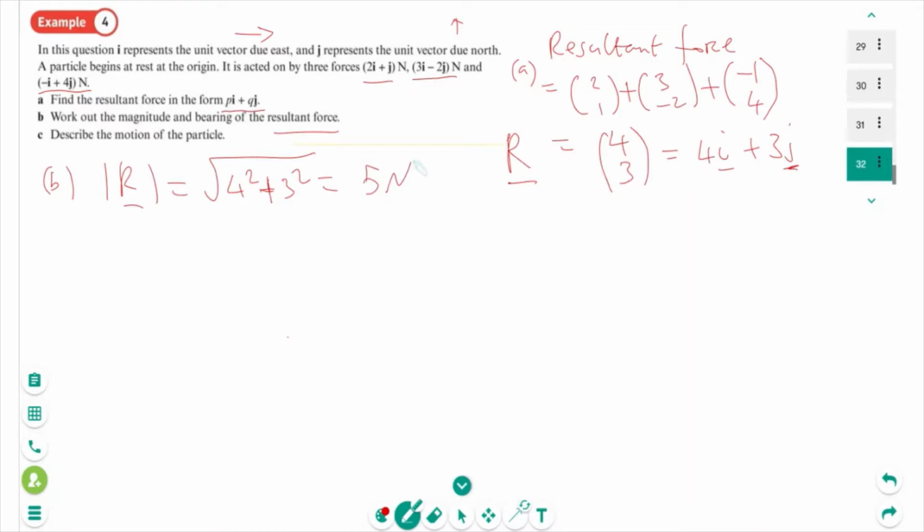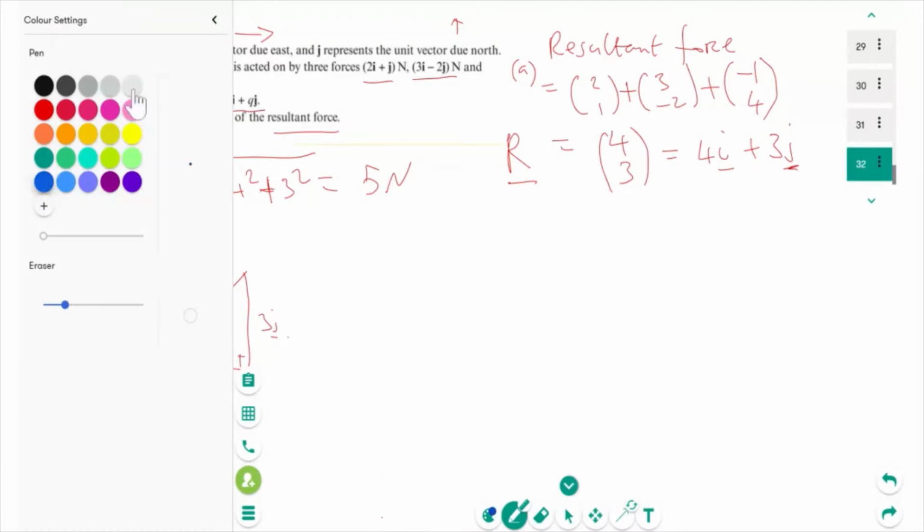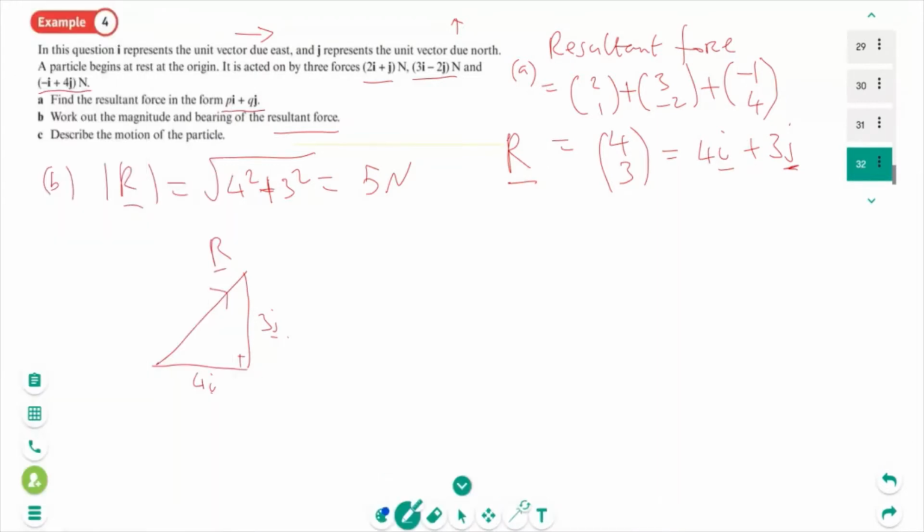The bearing of the resultant force: they want the direction. The direction is 4 to the right and 3 up. Bearings are always measured clockwise from the north line, so the angle they want is not just any old angle. You draw the north line.